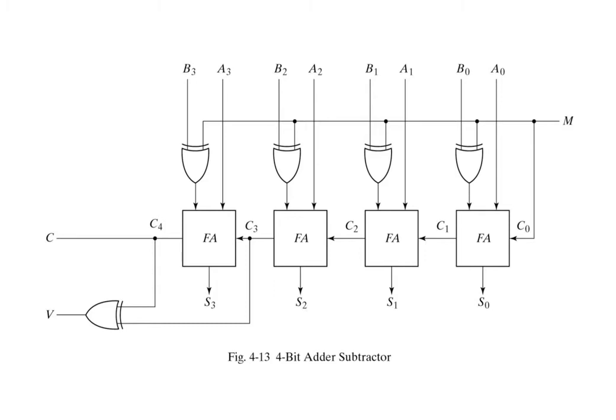In order to achieve this, a control input M is used. Considering the table, the expressions of xi and yi can be obtained using a K-map. The resulting expressions are xi equal to ai, yi equal to bi exclusive OR M, and ci equal to M. These equations are implemented to obtain an adder subtractor circuit, which is shown in this figure.